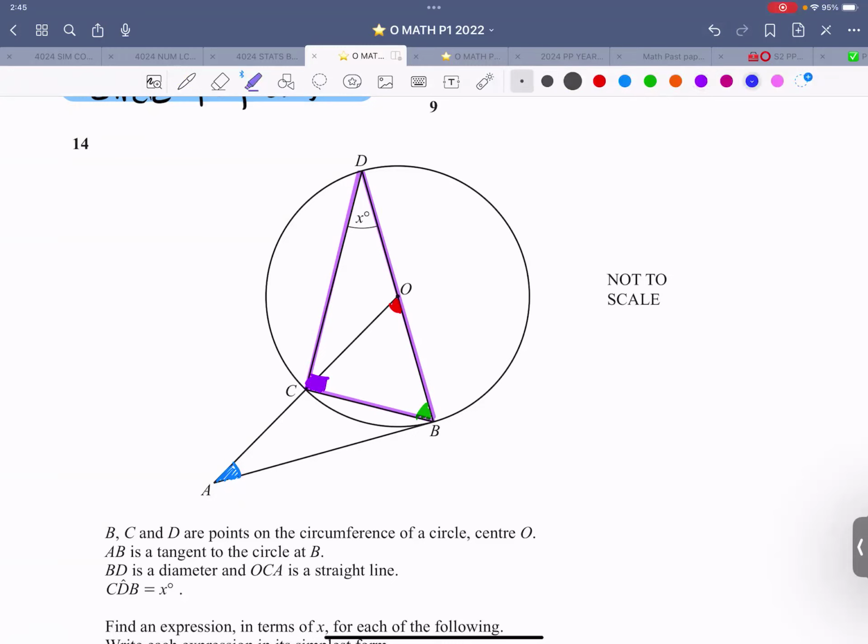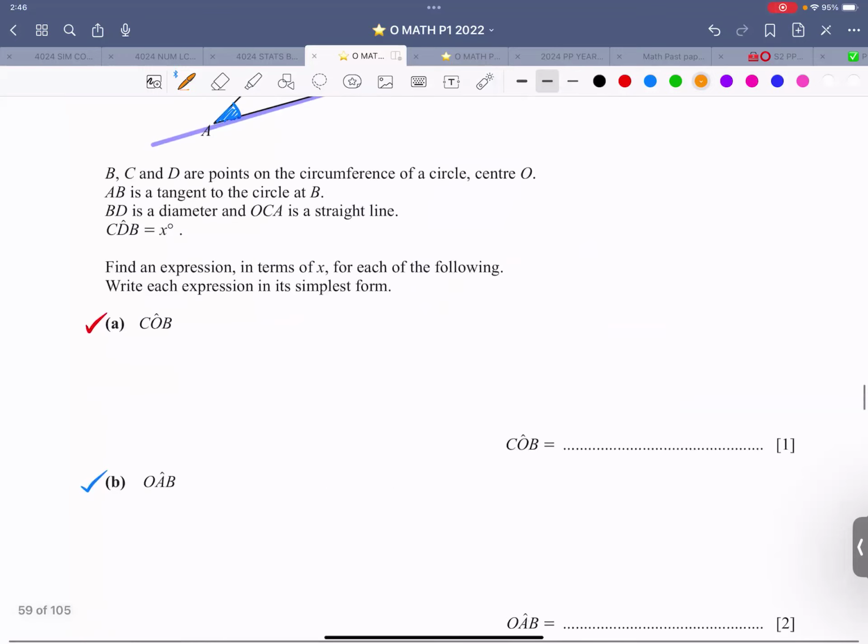Tangent makes an angle of 90 degrees with the radius. Angle at the center is twice the angle at the circumference. So COB is 2x.